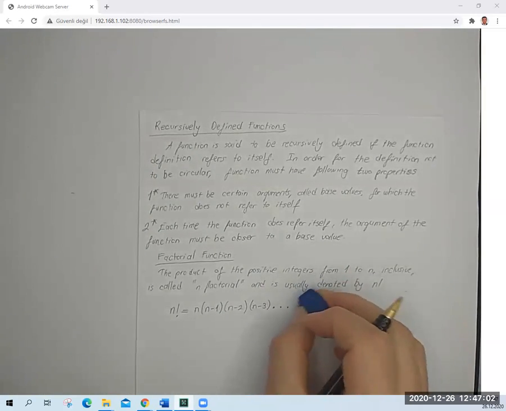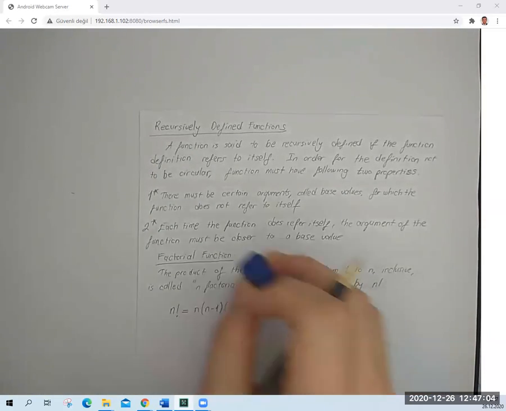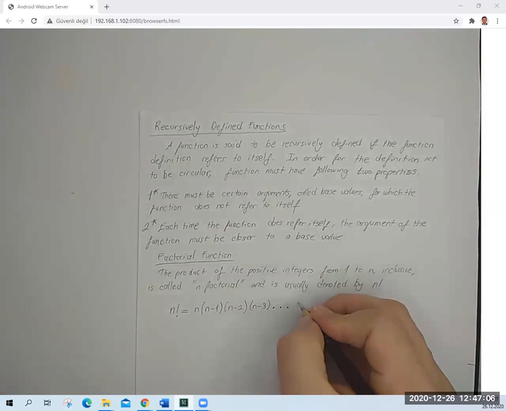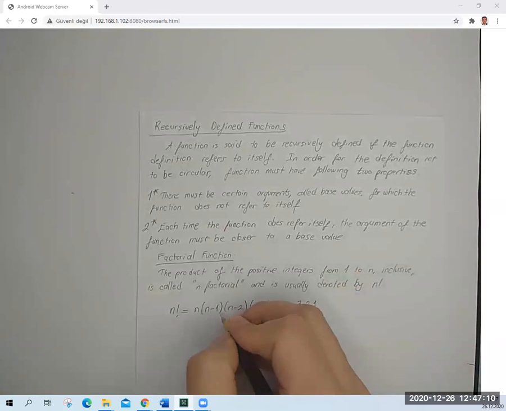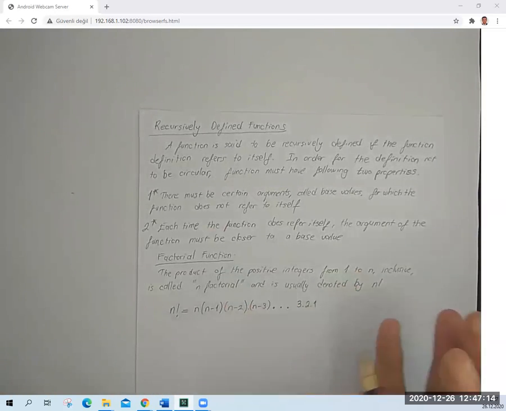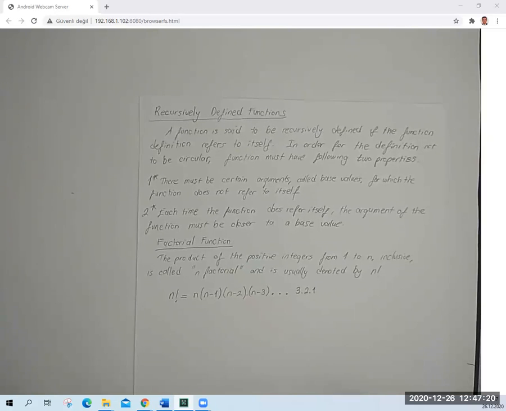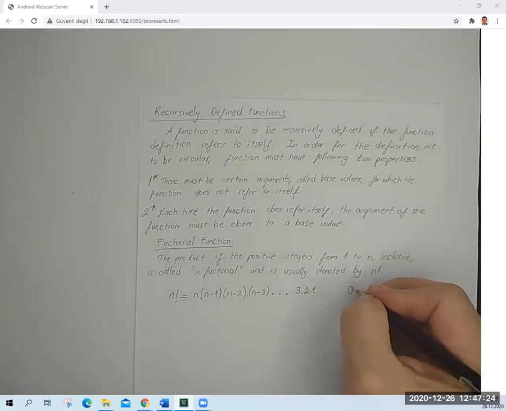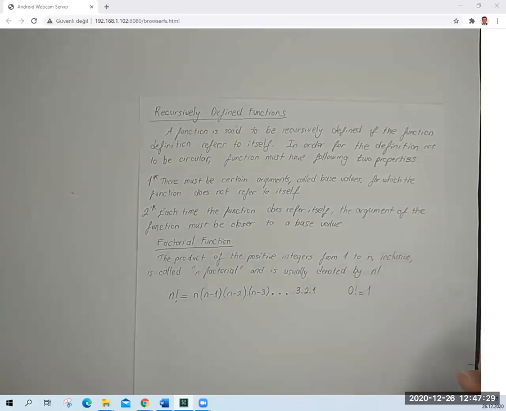Make a small dot between the numbers, which is also multiplication as a dot. Also we define 0 factorial as equal to 1.